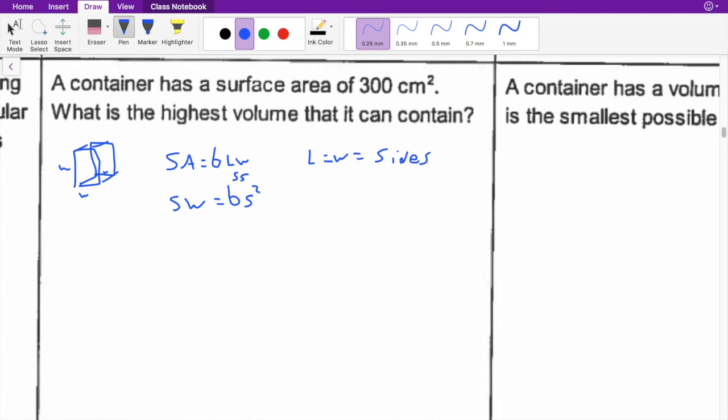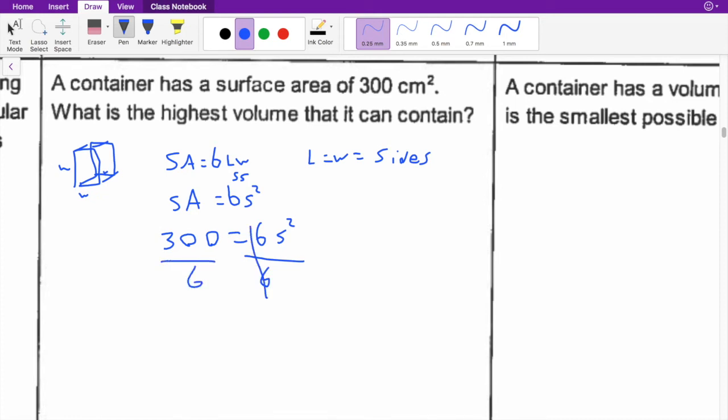So we can have our formula here. Surface area equals 6S squared. And we know our surface area is 300, equals 6S squared. So now, to get rid of the 6, we divide by 6.